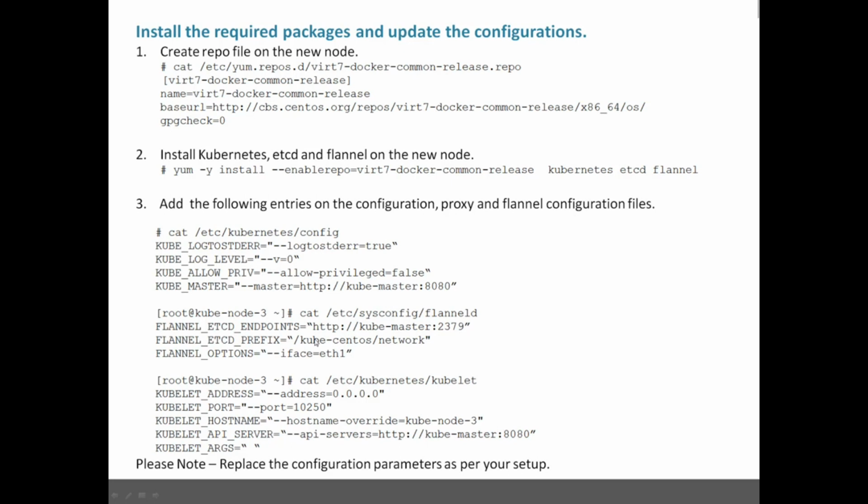I'm saying this is my network, and for the interface, use eth1 because my whole connectivity is over eth1. Then in the Kubernetes settings, I'm saying this hostname is this particular name, and the API server would be cube-master over port 8080. This is similar to the setup I had. But in your case, if you have some custom settings, make sure you apply your settings here.